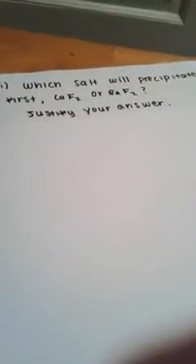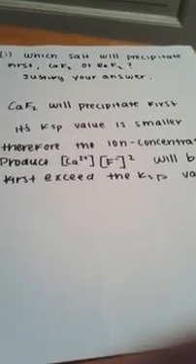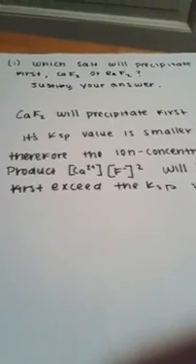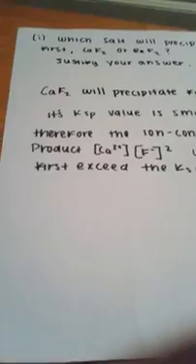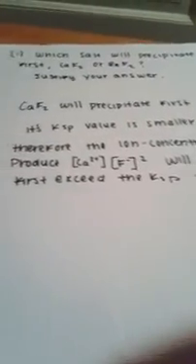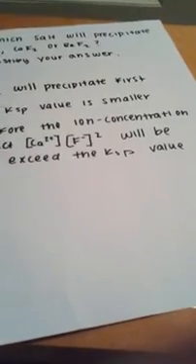Part 1 says, which salt will precipitate first, calcium fluoride or barium fluoride? Justify your answer. Calcium fluoride will precipitate first because its KSP value is smaller, therefore the ion concentration product of calcium and fluoride will first exceed the KSP value.